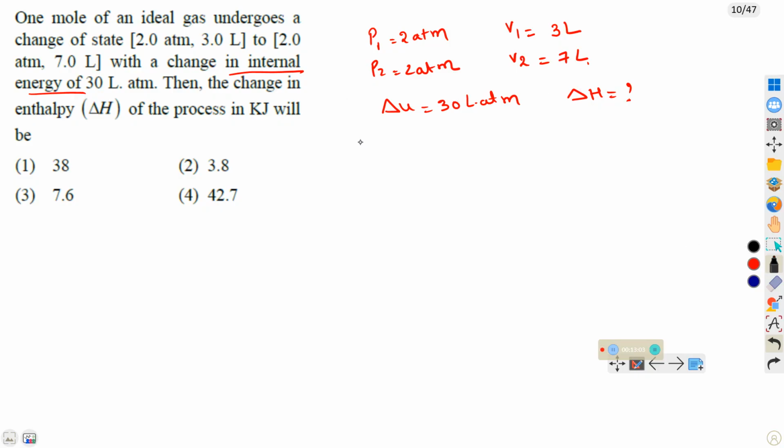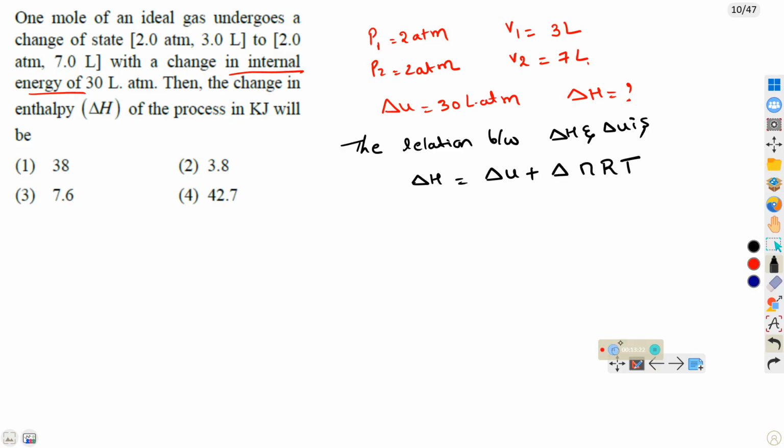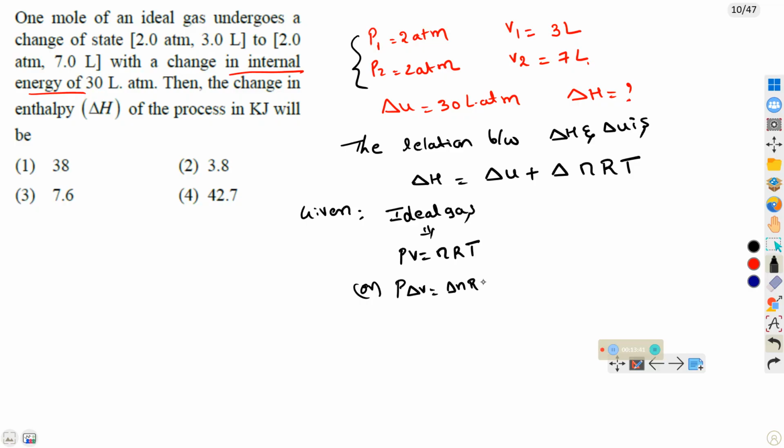The relation between delta H and delta U is delta H is equal to delta U plus delta nRT. The given condition is ideal gas condition. For an ideal gas, PV is equal to nRT, and here pressure remains constant. P delta V is equal to delta nRT.